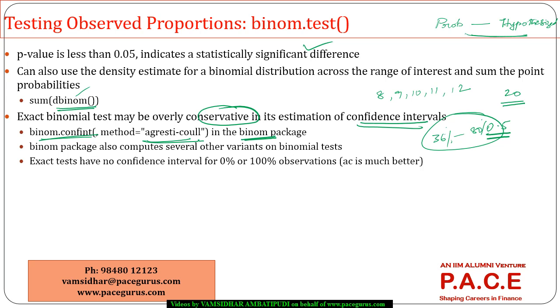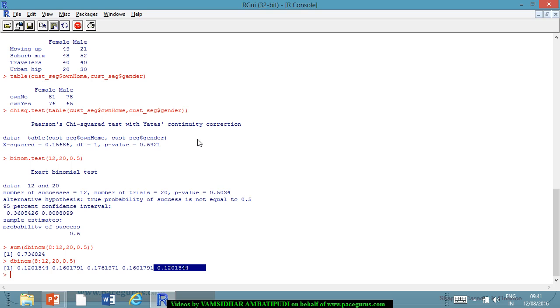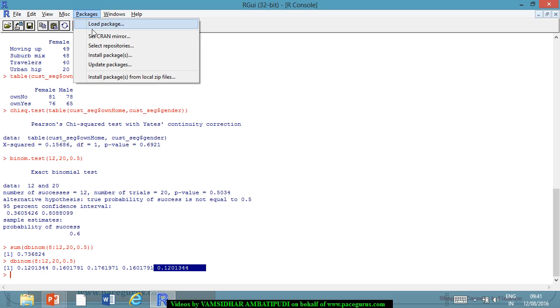So you could see here, I have to install this package binom.